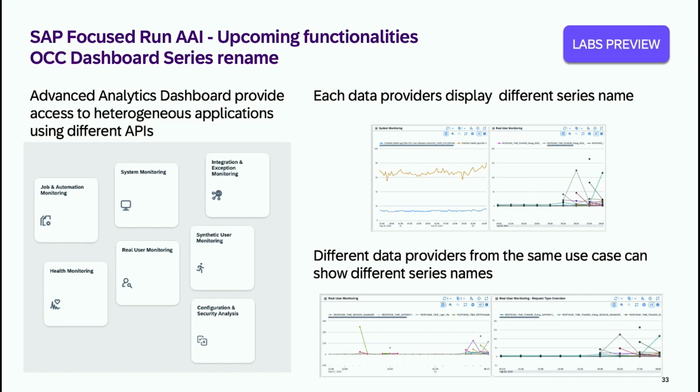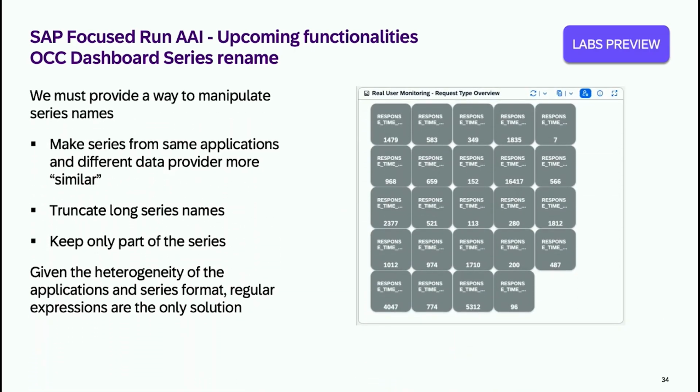So what we thought would be good is to provide a way to manipulate the name of the series, because in some circumstances this is really useful. Look at this. Here we have a real user monitoring request type overview. Maybe I want to show the response time of some transactions in my system.